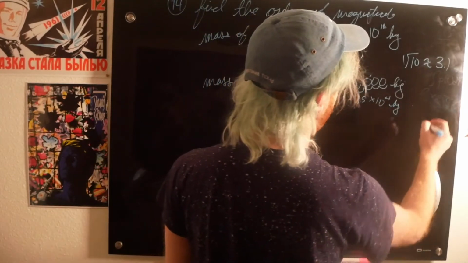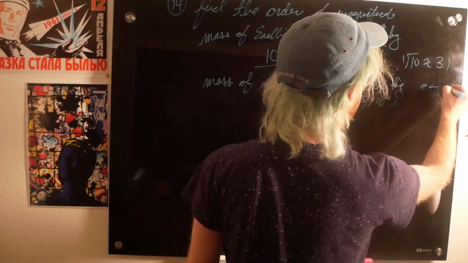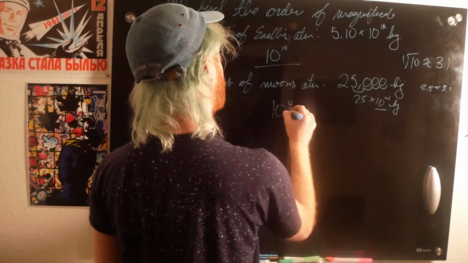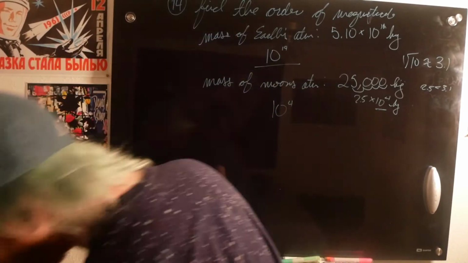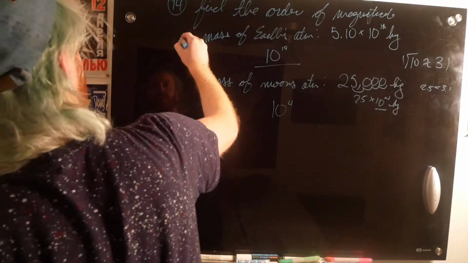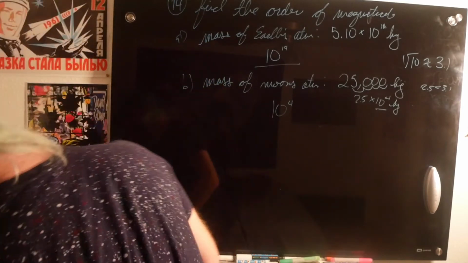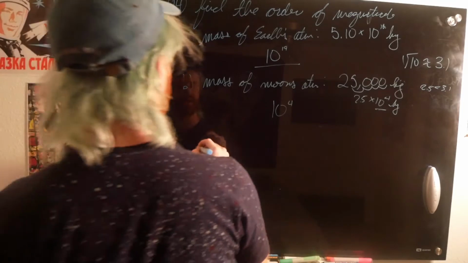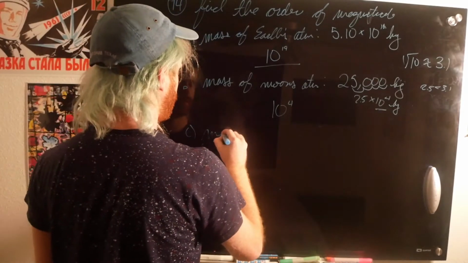So this 2.5 is less than 3.1, so you don't have to round that. That's just going to be a magnitude of 10 to the 4th. So this one's A, B. So mass of Earth's hydrosphere is C.